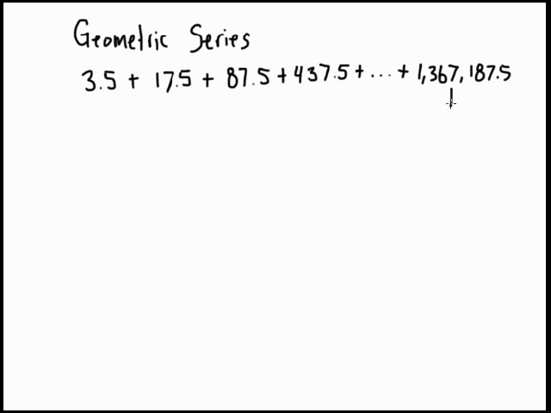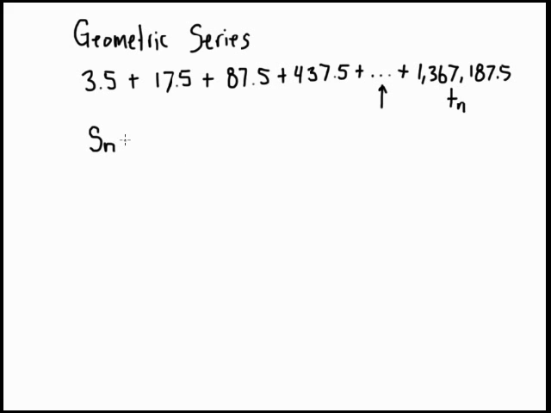So we're just going to call it term n, because we don't know which term that is. And we want to figure out the sum of these terms, and it's going to include some unknown terms in there, because if this is the 40th term, then we need terms up to 39 as well. However, we don't actually need to know what those terms are. We can use another formula.